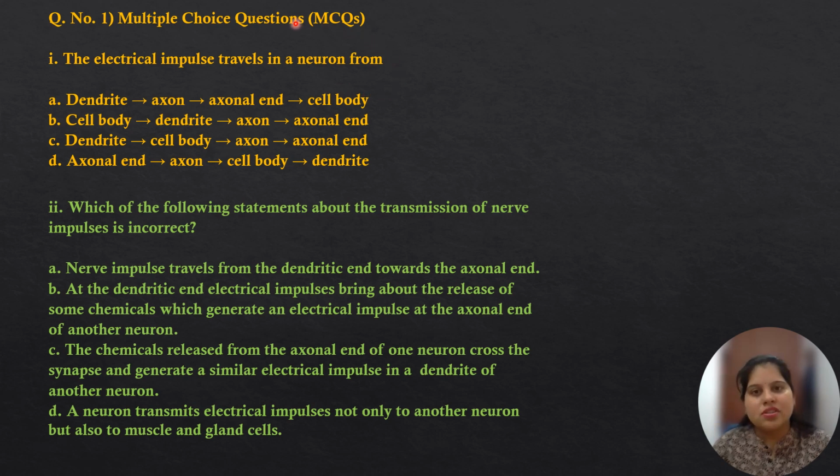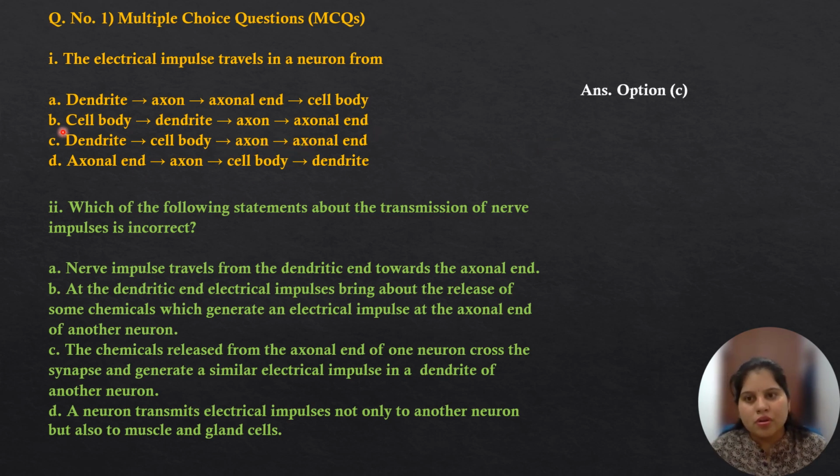Firstly, you should know the structure of the neuron. Neuron generally has three main parts: dendrite, cell body, and axon. In neuron, dendrite acquires the information, then that information, with the help of cell body, is transferred to the axon, then to the axonal end.